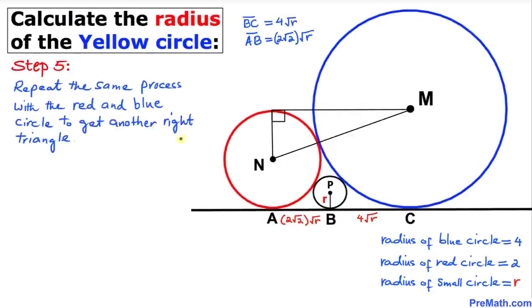And here is our next step. We are going to repeat the same process, this time with the red and blue circle, to get another triangle.